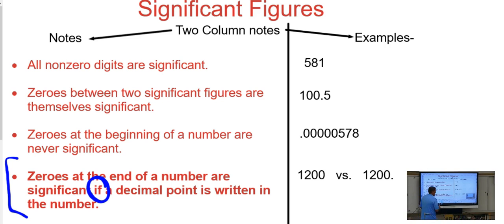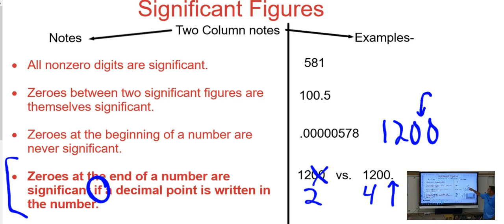So, since there is no decimal point here, these 2 numbers don't matter. So there are 2 sig figs there. This one, since there is a decimal point here, those zeros do matter, so they're 4. This decimal implies that we know this number to that place.